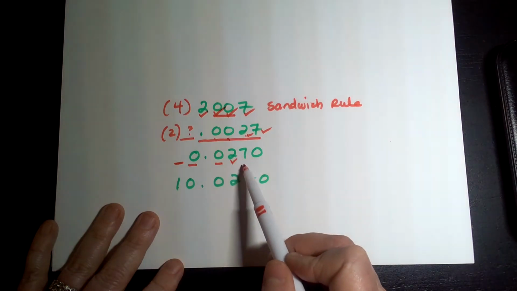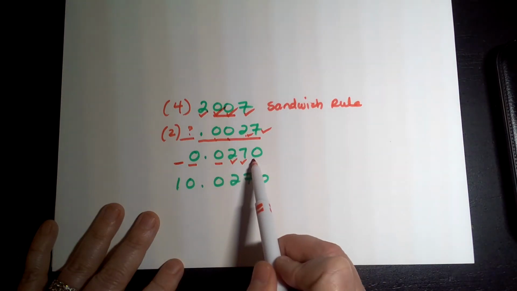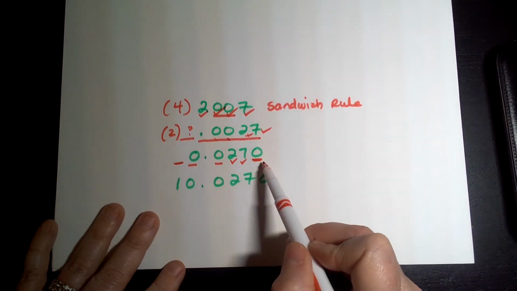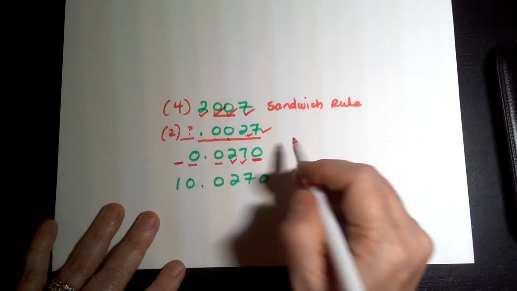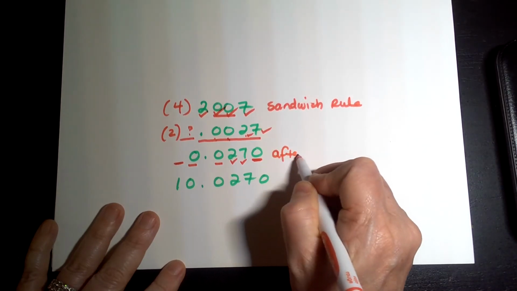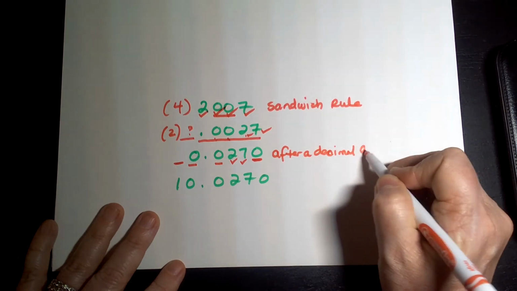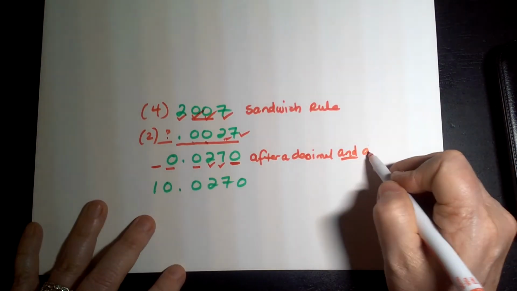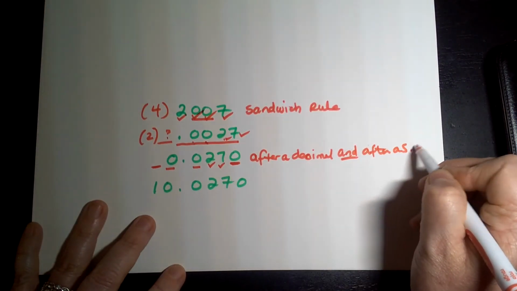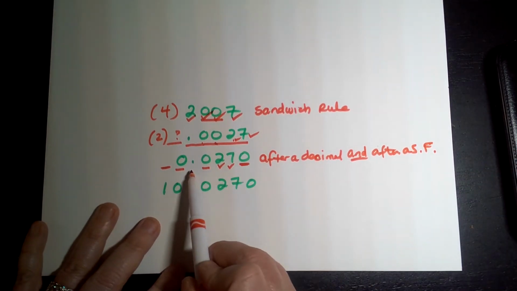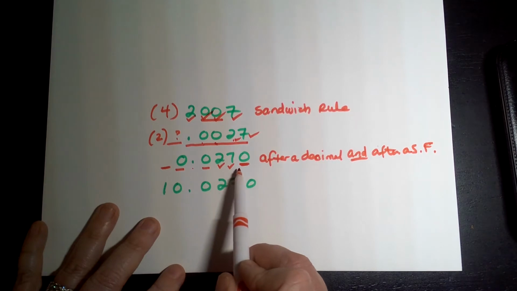And we know that 2 is important and 7 is important, but this one is very interesting. This is a 0 after a decimal and is very important, after a significant figure. Okay, so it's after a 0, after the decimal, and it's after the 27.